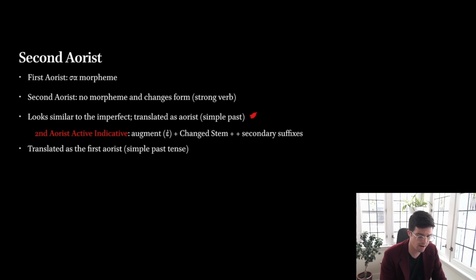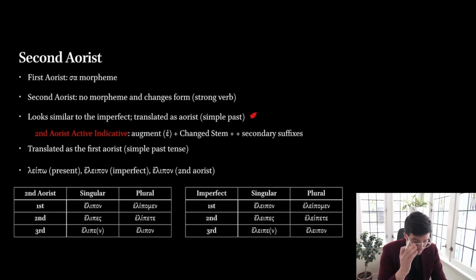So the second aorist, again, translated as the first aorist. So there is no difference in meaning between the first aorist and the second aorist. The only difference is in form. And so, as I told you that the second aorist is going to look like the imperfect as to its ending, I give you examples here, and these are taken directly from Black's grammar, of lapo in the second aorist.